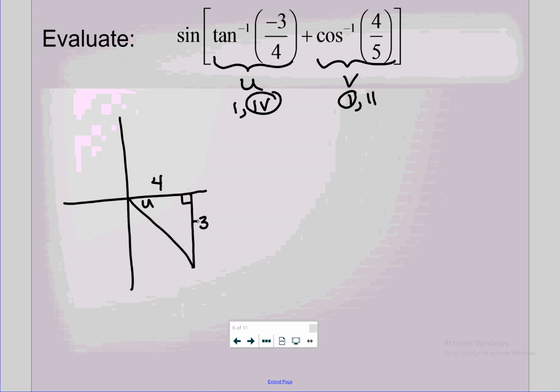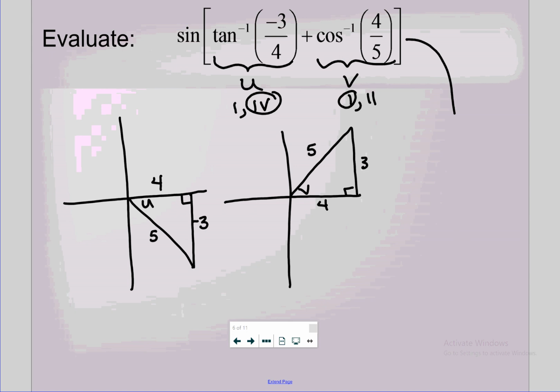What's the missing side? 3, 4, 5. Okay. And then I'm going to draw this so they don't intersect each other. V is in quadrant 1, and its cosine adjacent over hypotenuse is 4/5. What's the missing side? 3, all positive.